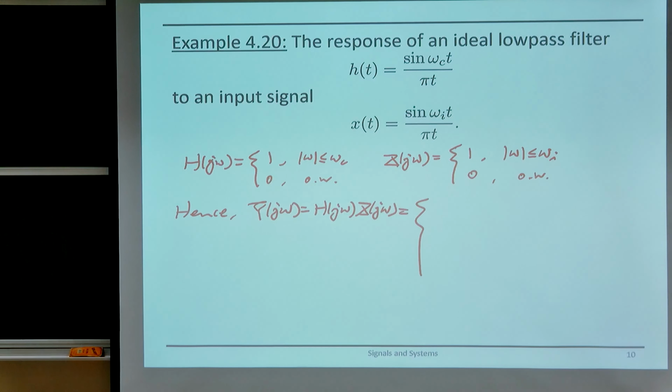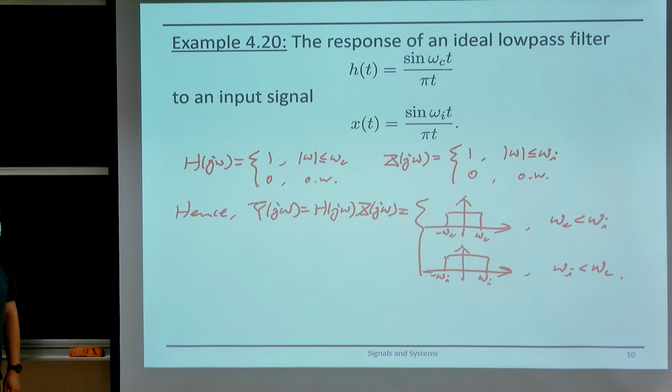If omega c is smaller, then you will get a square wave between minus omega c and omega c. And if omega i is smaller, then you will get something that is between minus omega i and omega i.